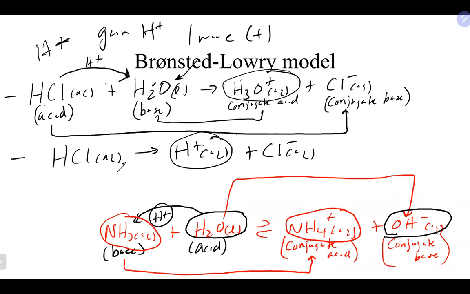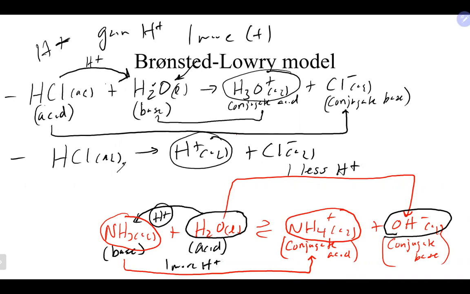So those two things are equivalent to each other, and you can interchange them. Really the difference between the acid and its conjugate base, or the base and its conjugate acid, is only that one H plus. As we go from the acid to the conjugate base, it has one less H plus. And as we go from the base to the conjugate acid, it has one more H plus.